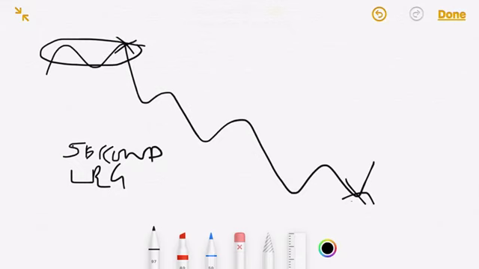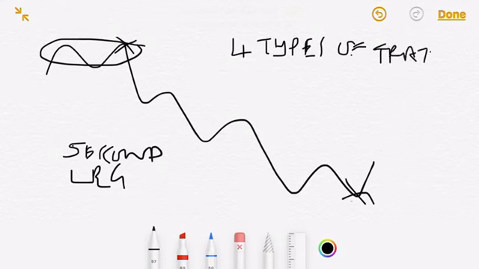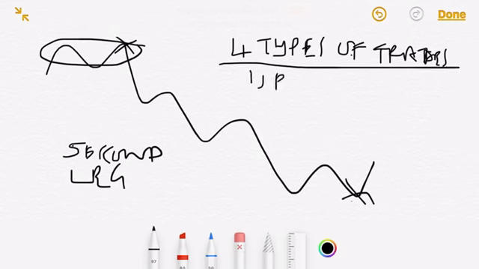There are only 4 types of trades. Only 4 types of trades. Don't trade anything that is not any of these 4. Type number 1 is peak.